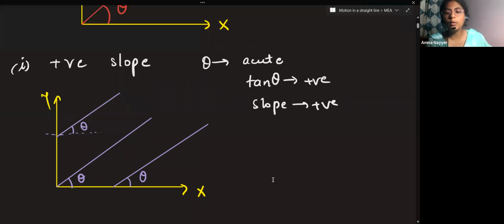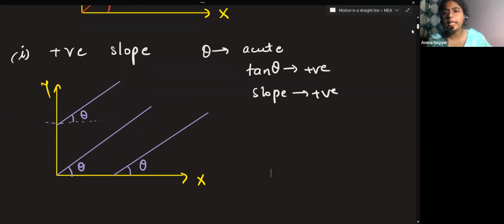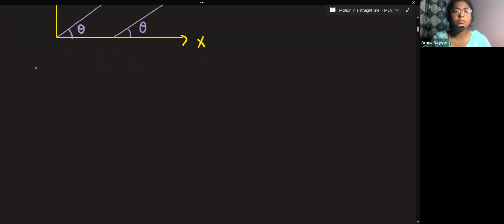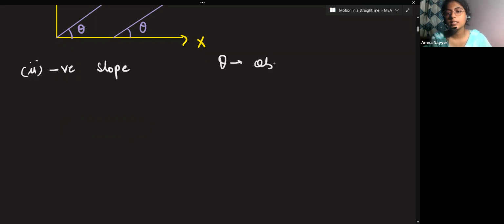And secondly, you have negative slopes. Negative slopes, you can easily predict now. Theta is obtuse. Theta is obtuse means more than 90 degrees.